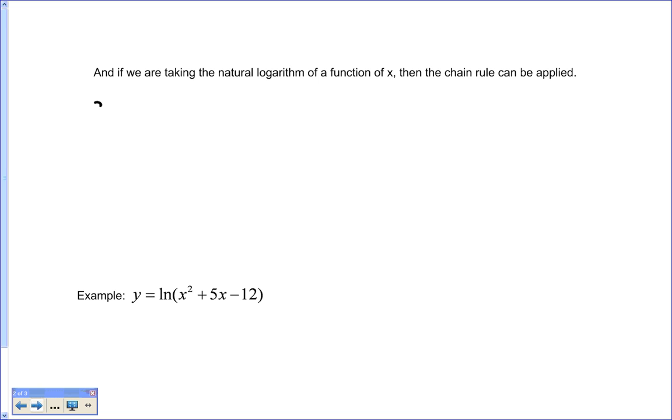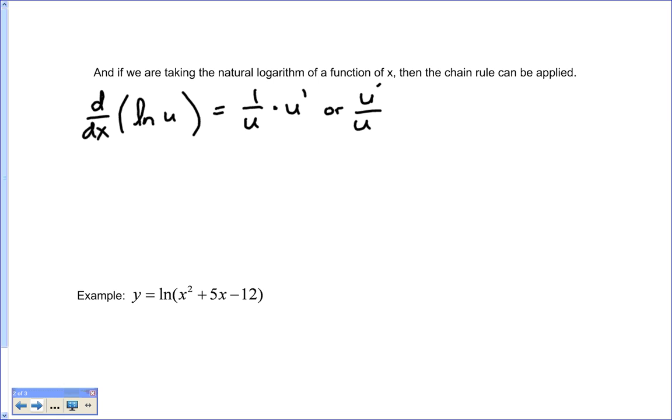So if we're going to differentiate d dx of the natural log of u, where again u is a function of x, the derivative is going to be 1 over u times the derivative of that u, or simply u prime over u.